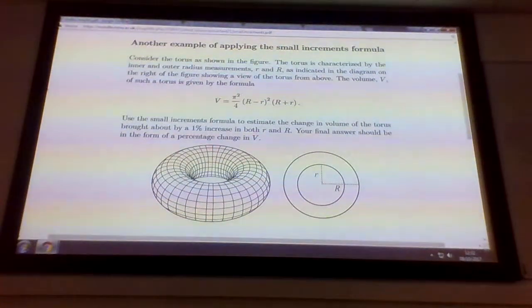That's like a constant. Differentiation of this one is 2.